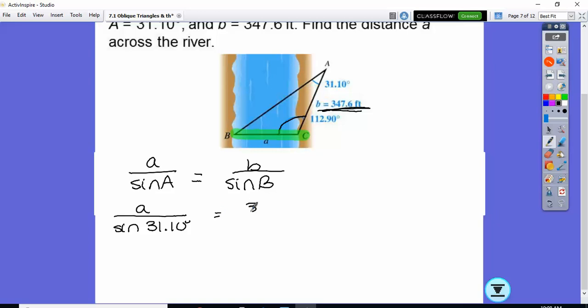I know my side B. Do I know angle B? No. So we've got to figure that out first, but that's not too difficult. We just subtract from 180.